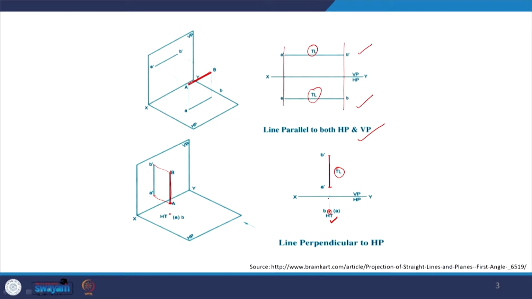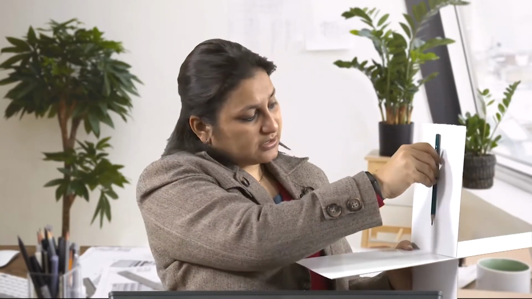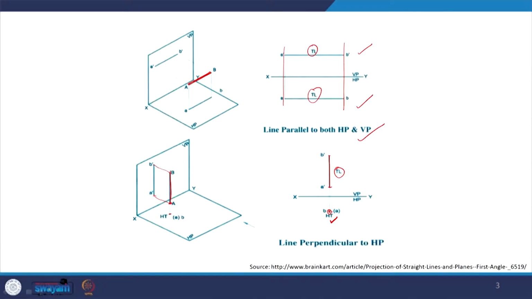Suppose I say that this line is AB, where the tip of the pencil is A and the top of the pencil is B. If I see it in plan, I will actually be seeing only point B, and point A is below B. So I may write B comma A, or I could write B and A in bracket, which means B is visible and A is not seen, it is beneath B. However, in elevation, as the nomenclature is, we will see B dash and A dash. That's when the line is perpendicular to HP.